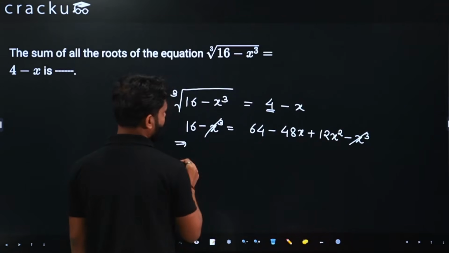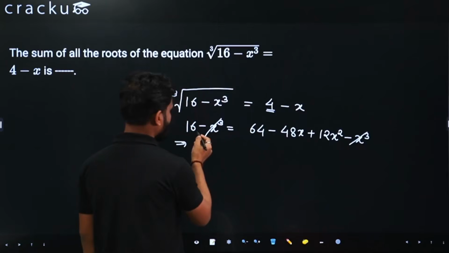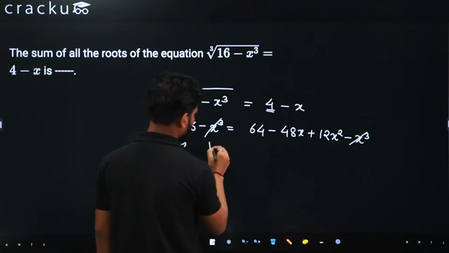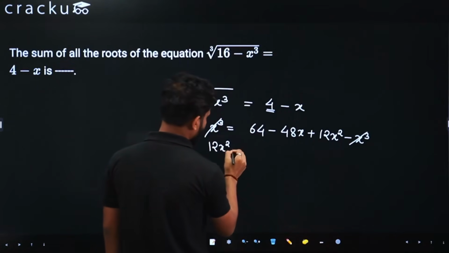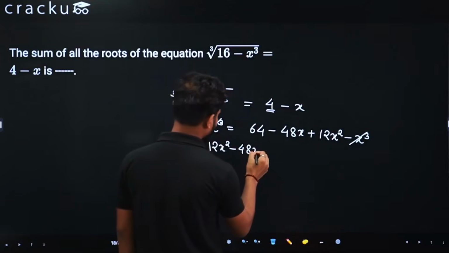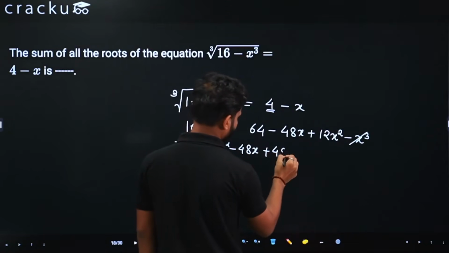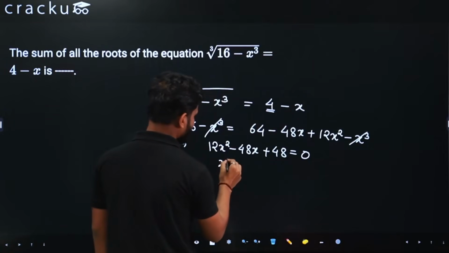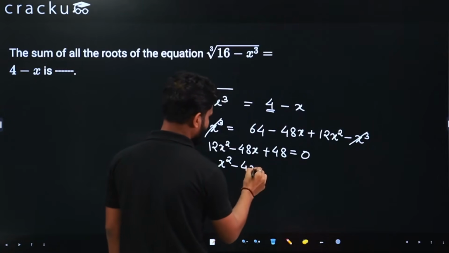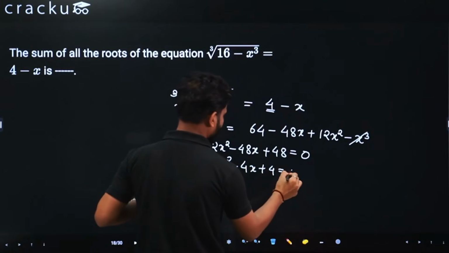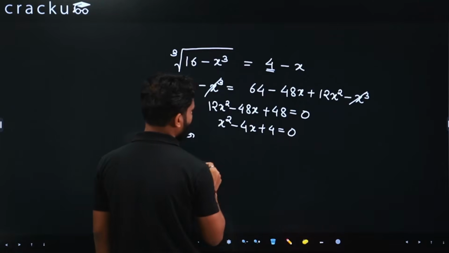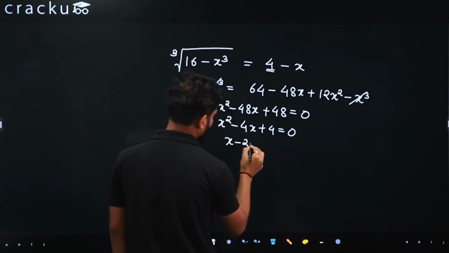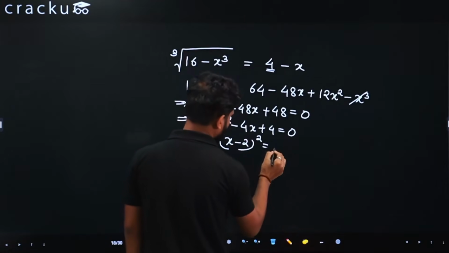From here, if you take 16 to that side, you get 12x squared minus 48x plus 48 is equal to 0. Or from here you get x squared minus 4x plus 4 is equal to 0. From here you get x minus 2 whole squared is equal to 0.